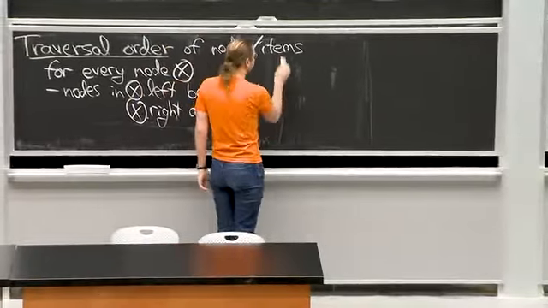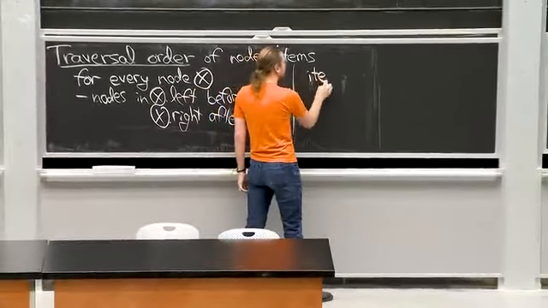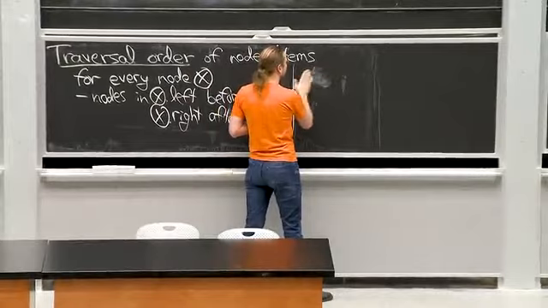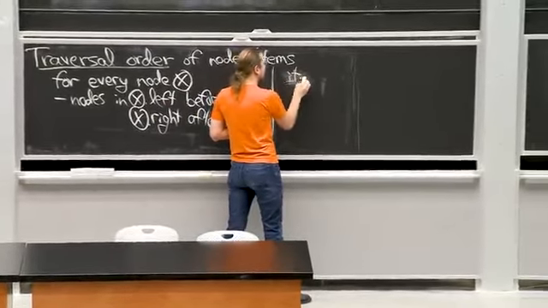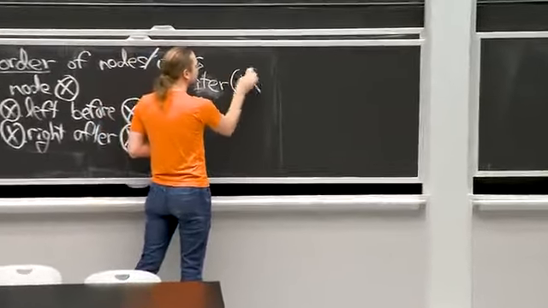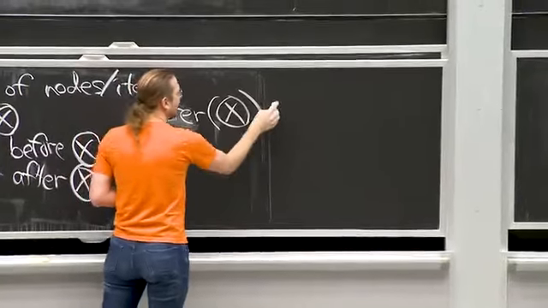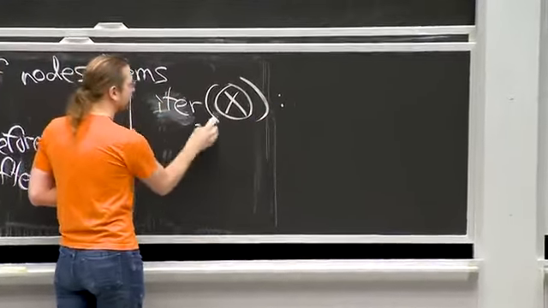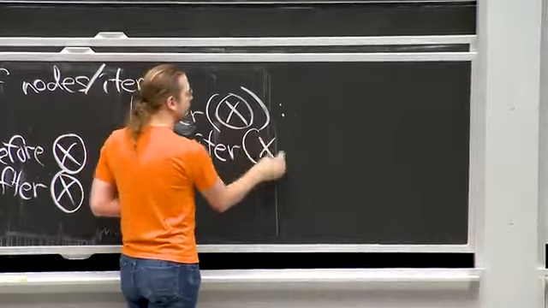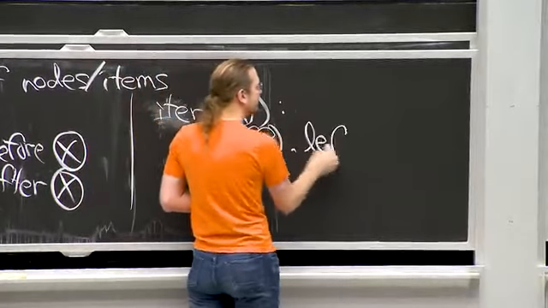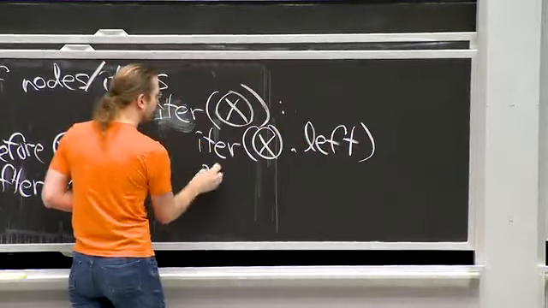If I want to iterate all the nodes within a subtree rooted by x, I just iterate on all of the nodes in the left subtree. Then I output x itself.